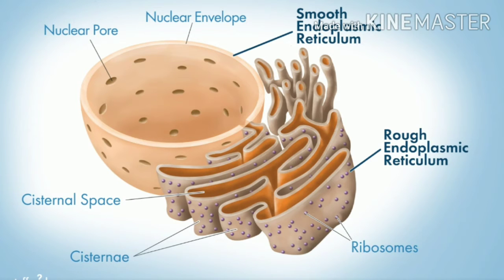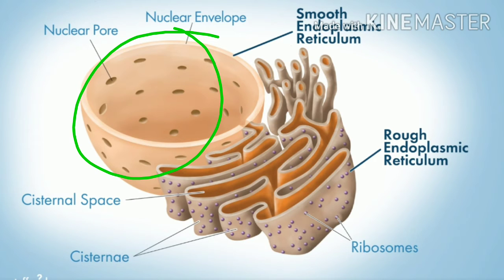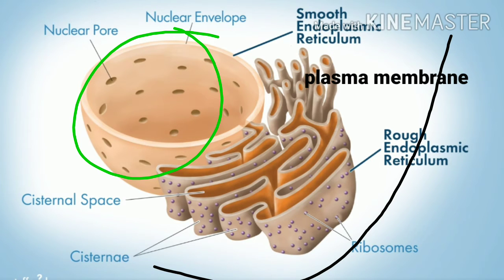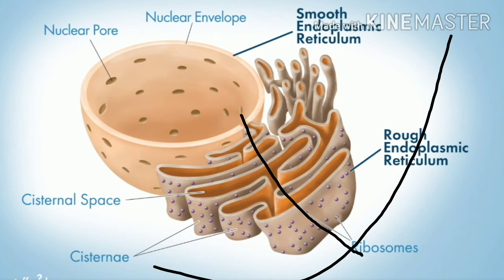Okay, so if you can see, this is the nucleus and the endoplasmic reticulum arises from the nucleus and goes towards the plasma membrane. As you can see, if I draw, this is the plasma membrane. So this extends from the nucleus to the plasma membrane. So this is the endoplasmic reticulum.